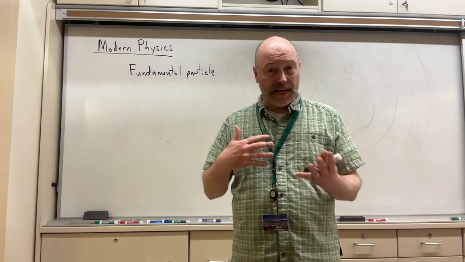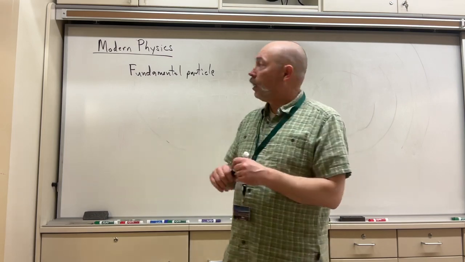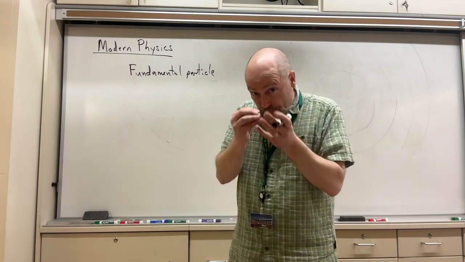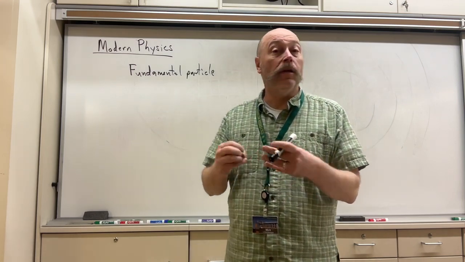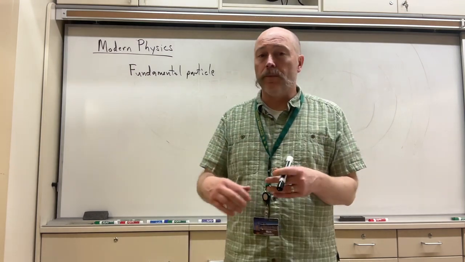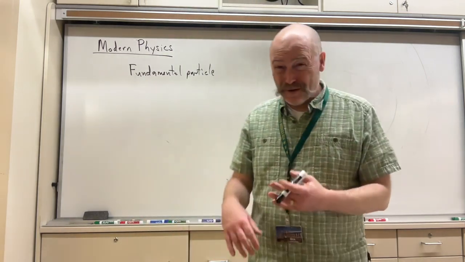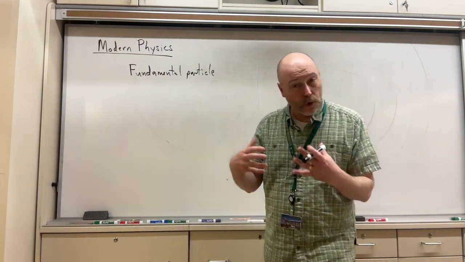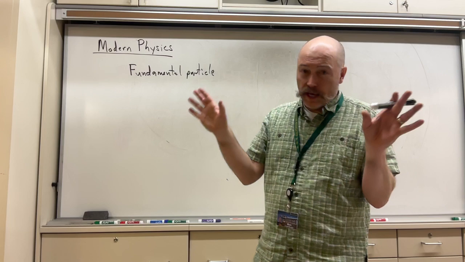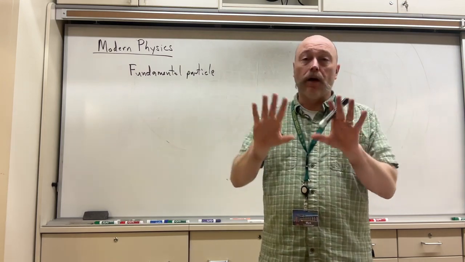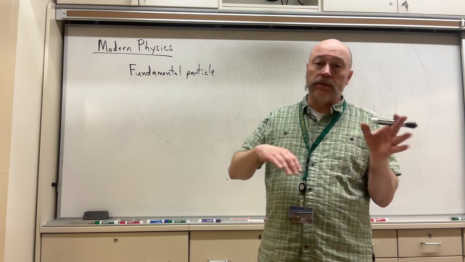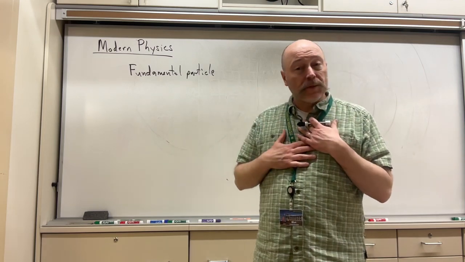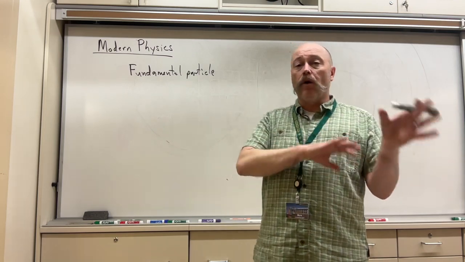A proton is actually made up of smaller pieces, and a neutron is also made up of smaller pieces. They are made up of what's called up and down quarks. There are other quark names, they're very quirky, hence the name quark, like a strange quark and other stuff like that. But for our purposes in this class, you just need to know up and down.